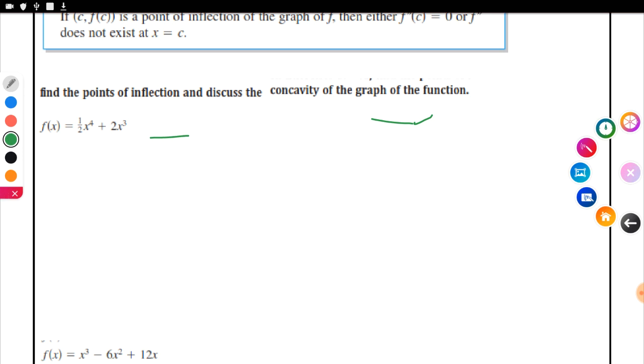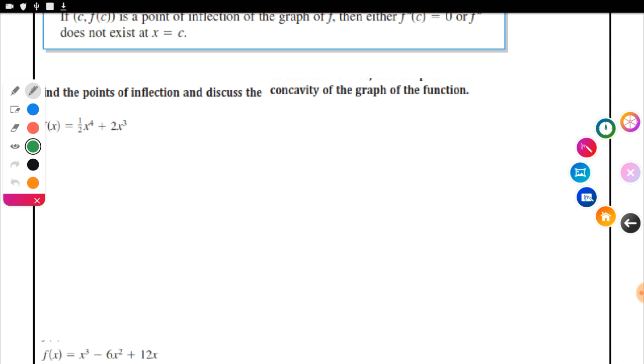Here, as you see, find the point of inflection and discuss the concavity of the graph of the function. How to solve this one? Please, it's so trivial, but focus with me, okay? How I think of the solution.